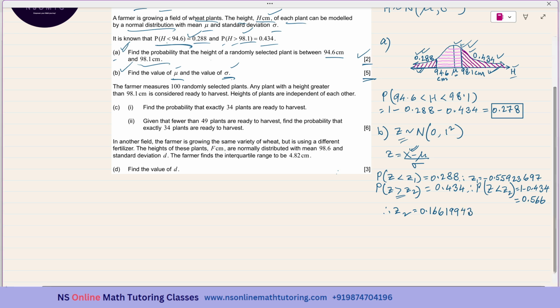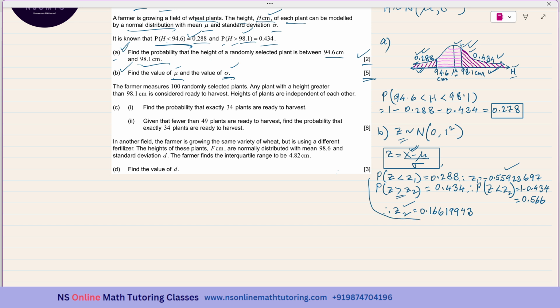Okay. So we have got the value of Z1 and we have got the value of Z2. So now we will be using this conversion formula. Z1 equal to negative 0.55923 equal to X minus mu over sigma.